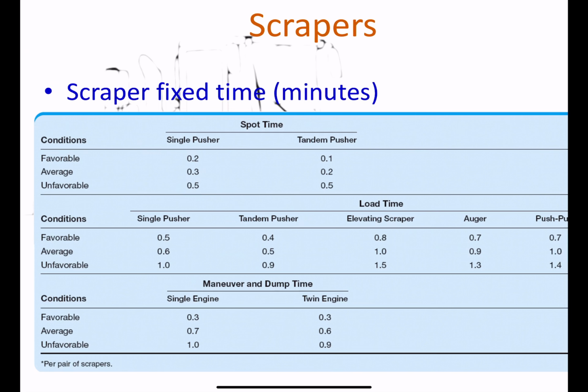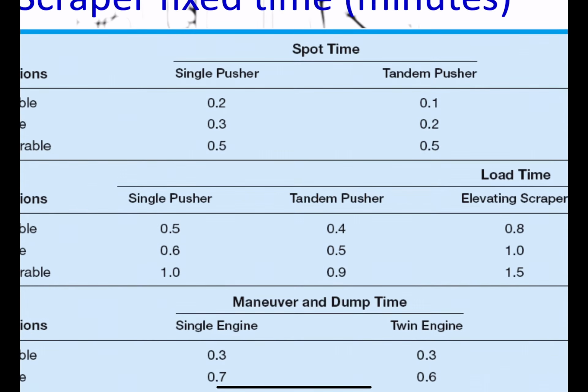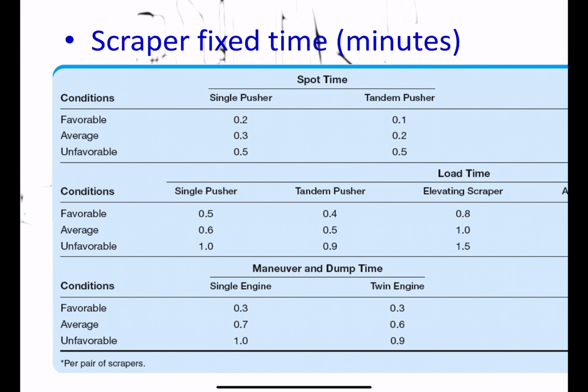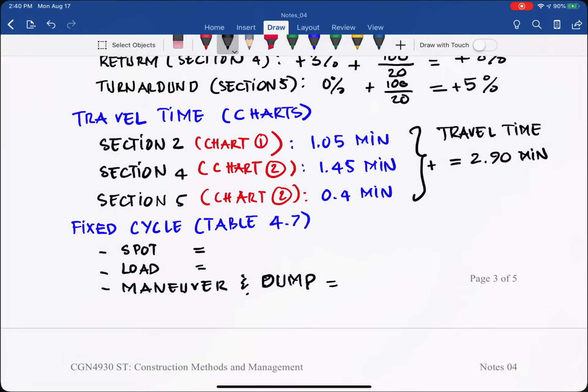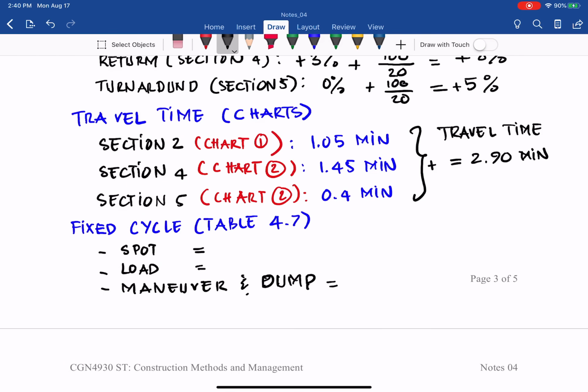For load time, average, single pusher, 0.6 minutes. Maneuver and dump time, average, single engine, 0.7 minutes. So those are the fixed cycle times.